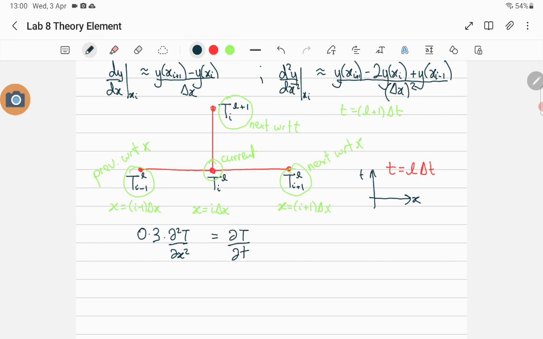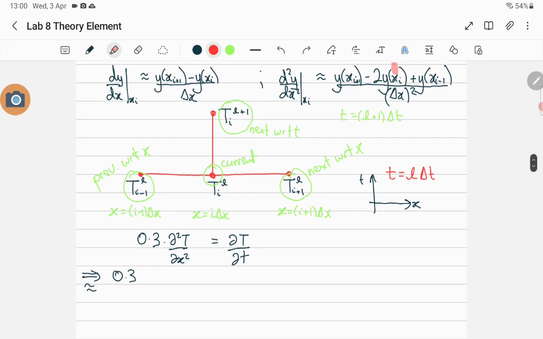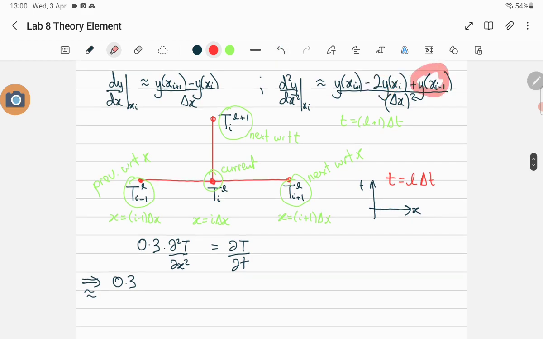And we're going to approximate both of these partial derivatives using the grid and the finite difference approximations up the top. So this implies approximately, the second derivative with respect to distance. If we look at it, this is next minus twice current plus previous, and that'll all be with respect to x.